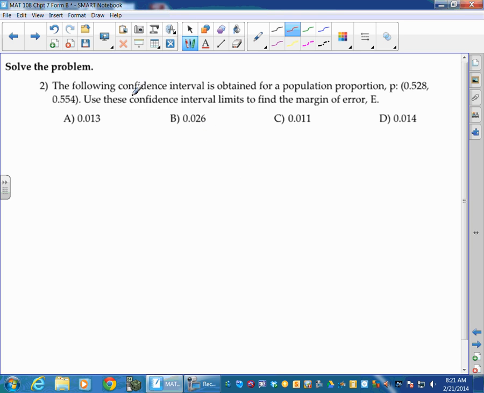All right. Following confidence intervals obtained from a population proportion. What is our symbol for population proportion? Those of you spacing out now need to answer the question because I'm not answering questions today.